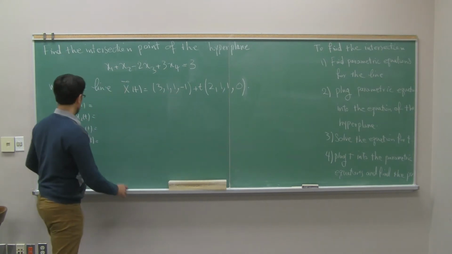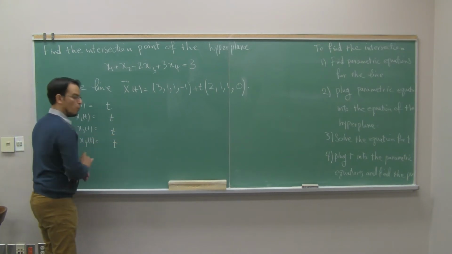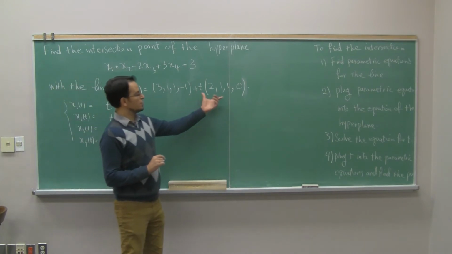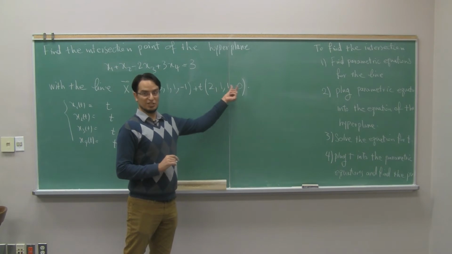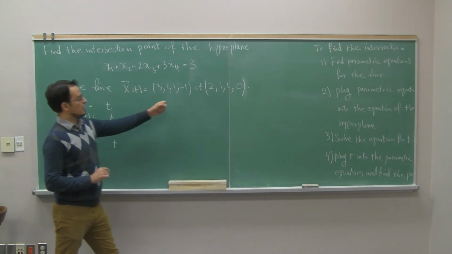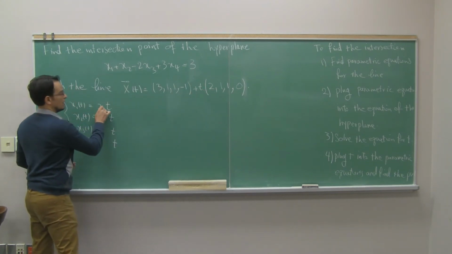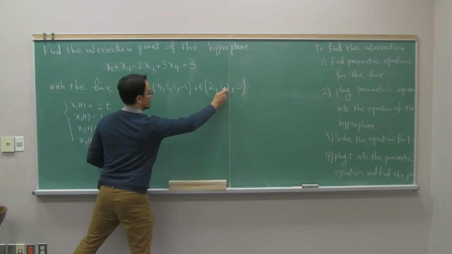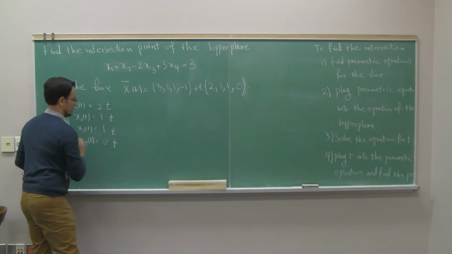And we know that in the parametric equation, I have one t appearing in each equation. The coefficient of each t is the corresponding coefficient in the direction vector, meaning that the first variable x1 will have the coefficient 2 for t. So 2 there. Second one will have 1 as the coefficient. The third one will have 1, and the fourth one will have 0.